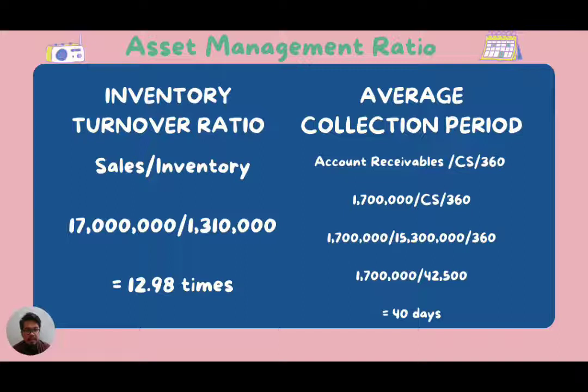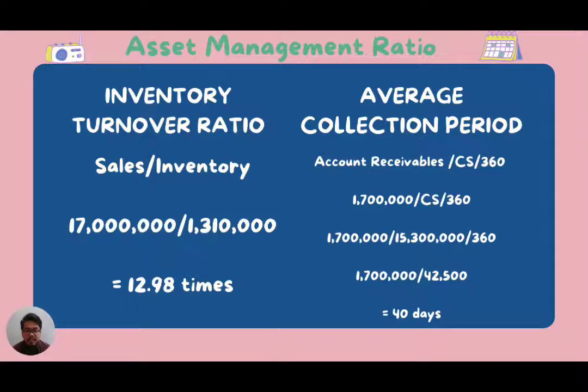Inventory turnover ratio, which we take from sales divided by inventory. For example, 17 million divided by 1,310 equals 12.98 times.